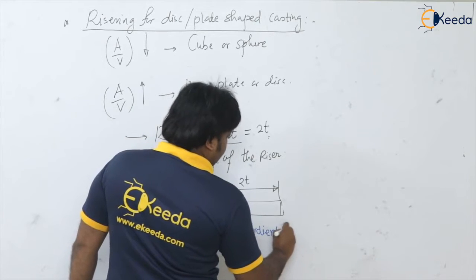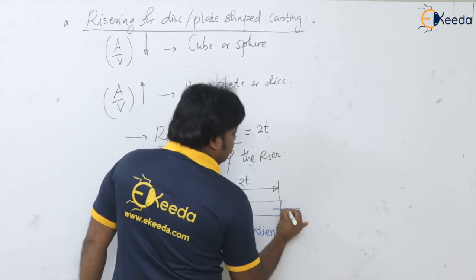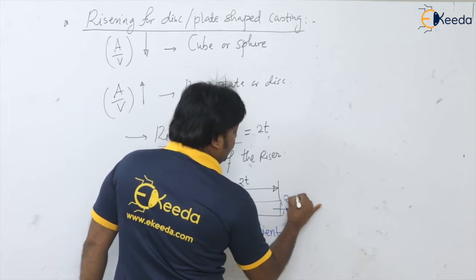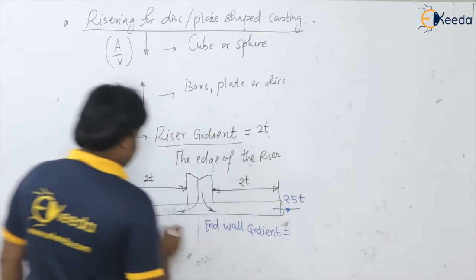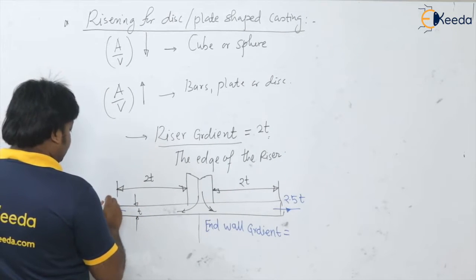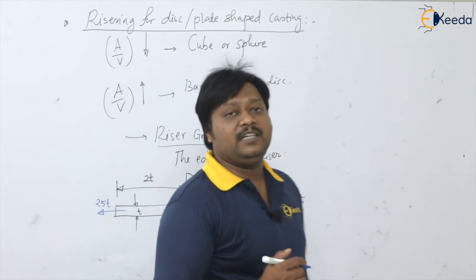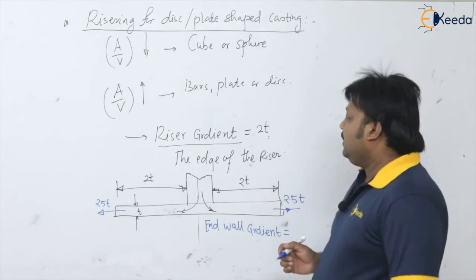How much is the end wall gradient? The end wall gradient is generally 2.5t. So if heat transfer is allowed from the edges or the ends, you can feed up to 2.5 times t.